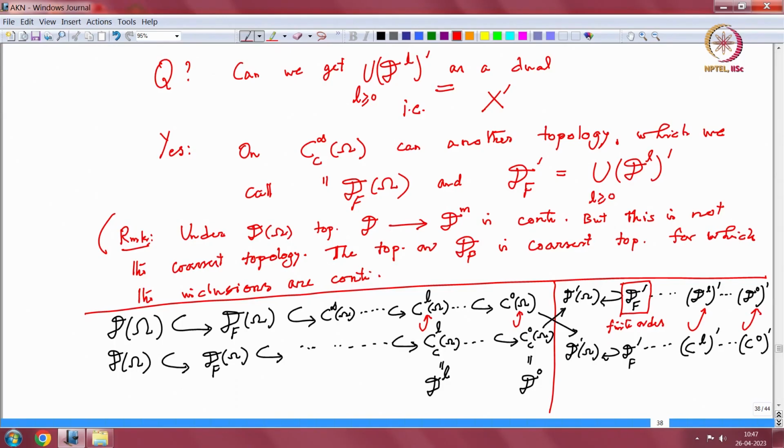So, probably I will stop here, and now we will do the support of a distribution, vanishing of a distribution and all that. The aim in the next class is to classify the set of all distributions with compact support.